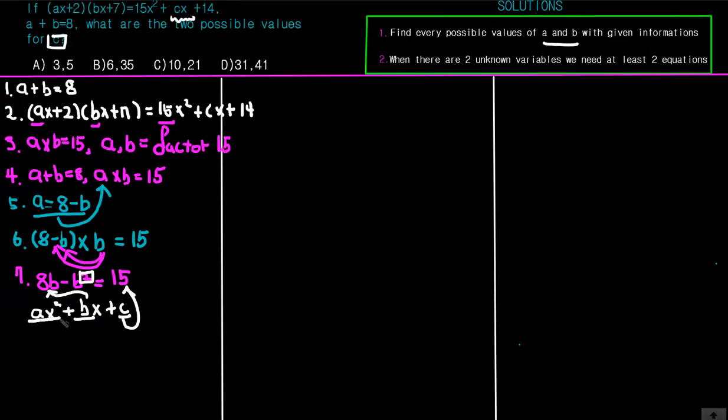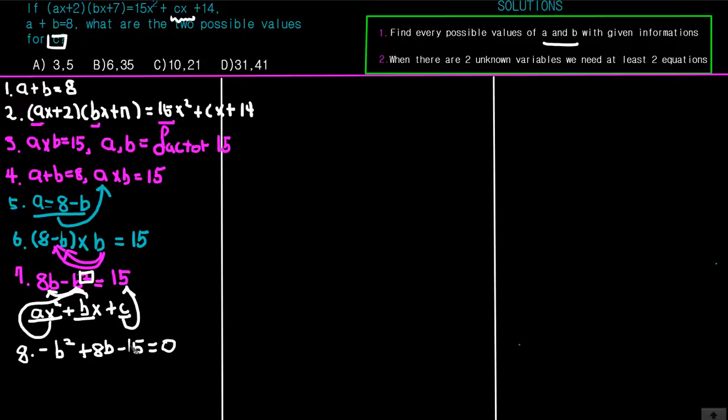And the ax squared coefficient is the leading coefficient, of negative b squared. So we can write this down again in the basic format: negative b squared plus 8b minus 15 is equal to 0.